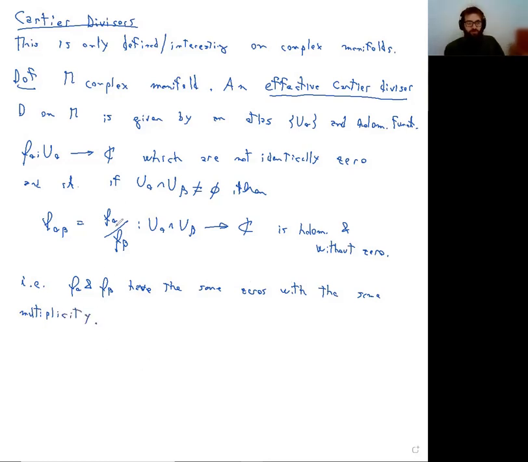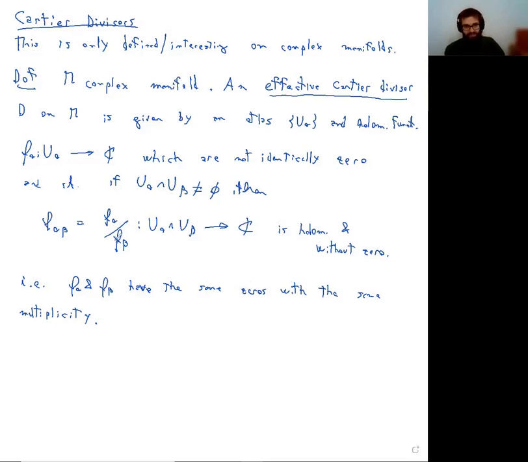Normally when you take the ratio of two holomorphic functions, what you get is a meromorphic function. So what we're asking here is that this ratio is actually a holomorphic function. So whenever f beta is 0, also f alpha is 0, and actually the multiplicity cancels out.